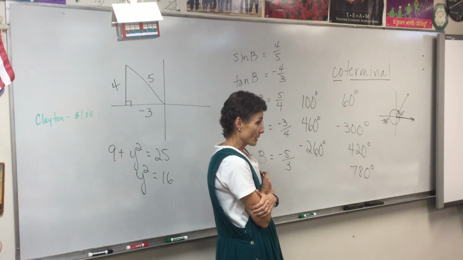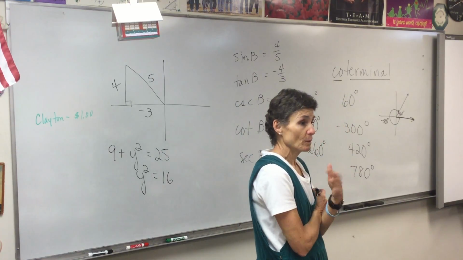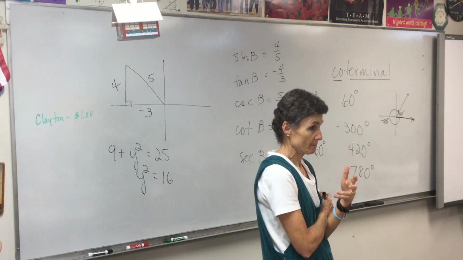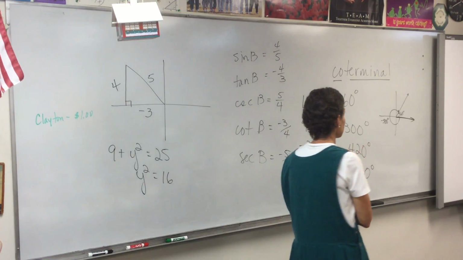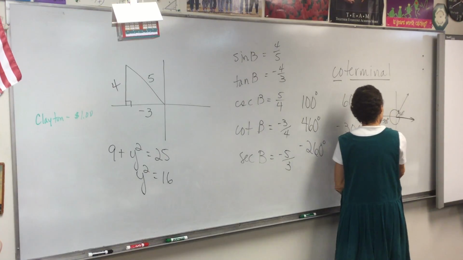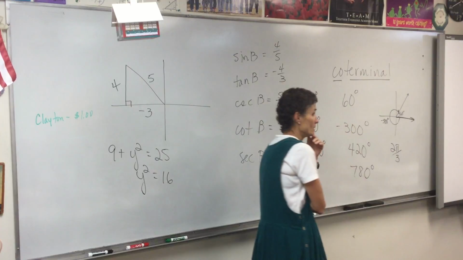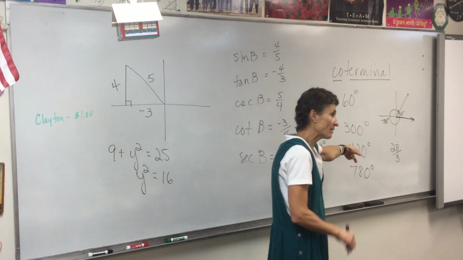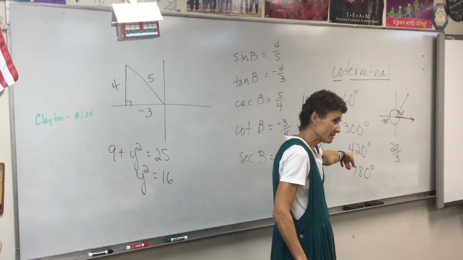Now, notice when I told you how to find coterminal angles, I said we add and subtract revolutions. And the reason I want you to think about it that way is, what if the original angle were 2 pi over 3 radians? Now certainly we wouldn't add 360 to that, right?